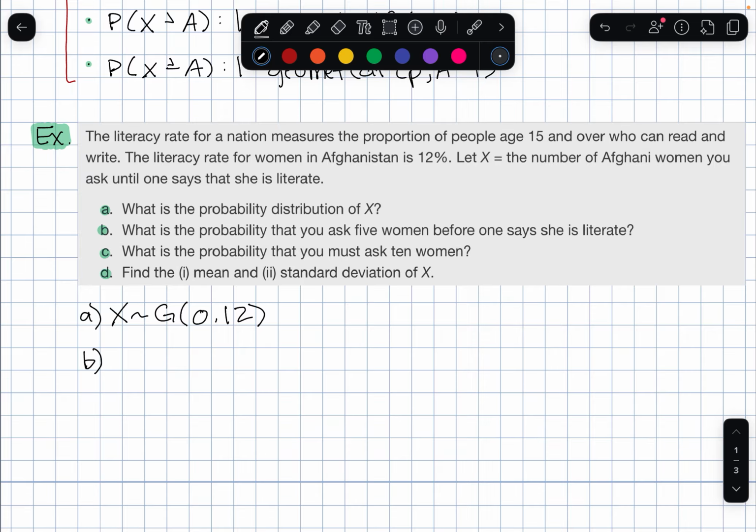B says, what's the probability you asked exactly 5 women before one says she is literate? So this is P(X = 5). So we know that that's going to be geometpdf, probability of success, number of trials we need to get our first success.